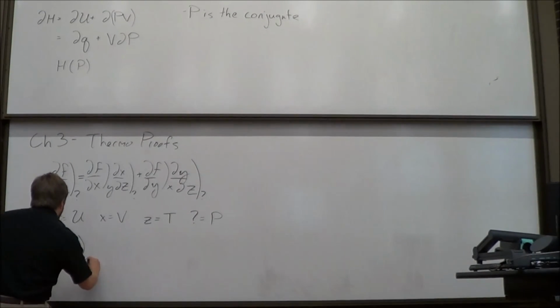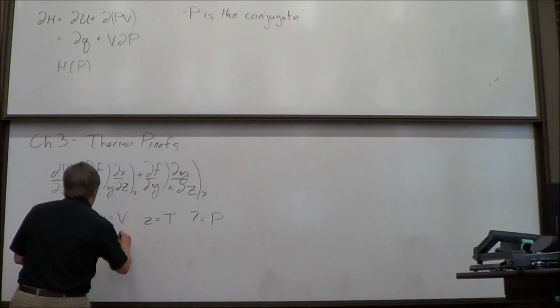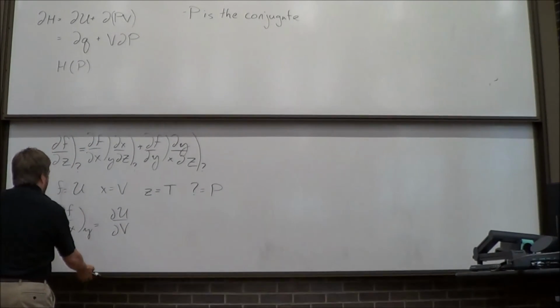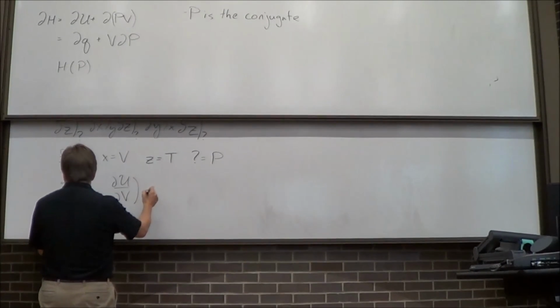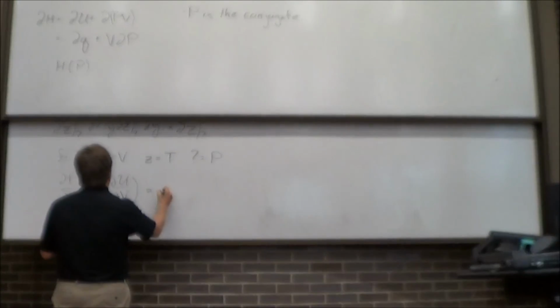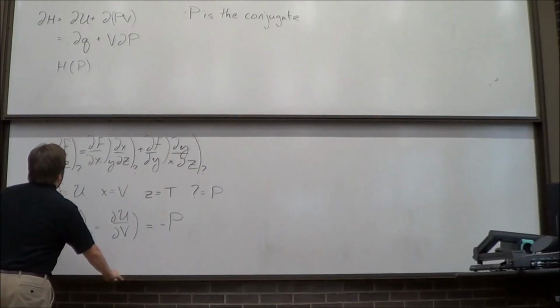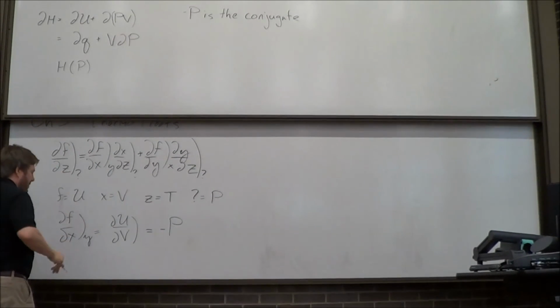The df dx at constant y is the dU dV, and again, I'm just making substitutions like I was a middle school student. And this is minus P. This part right here, the change in U is minus P dV.